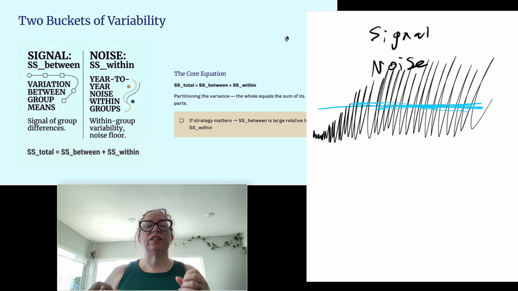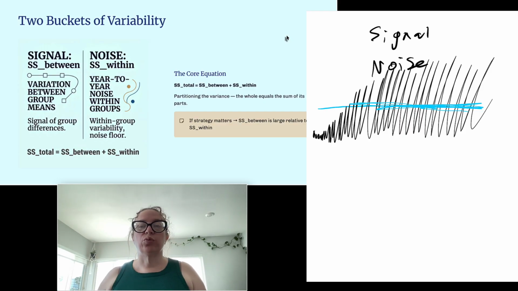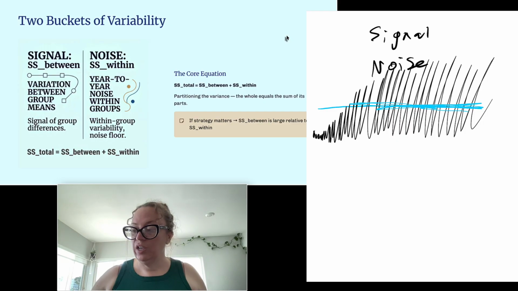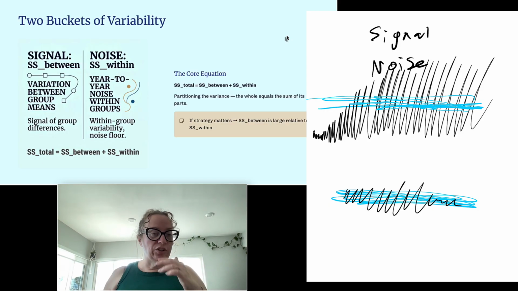But if the strategy does matter, if Decatur's approach genuinely did produce different outcomes than Adams, the group means should be far apart. The variance between should be large. The signal should be bigger than the noise. The signal is loud, and the noise is pretty small, so you can tell the difference between them.